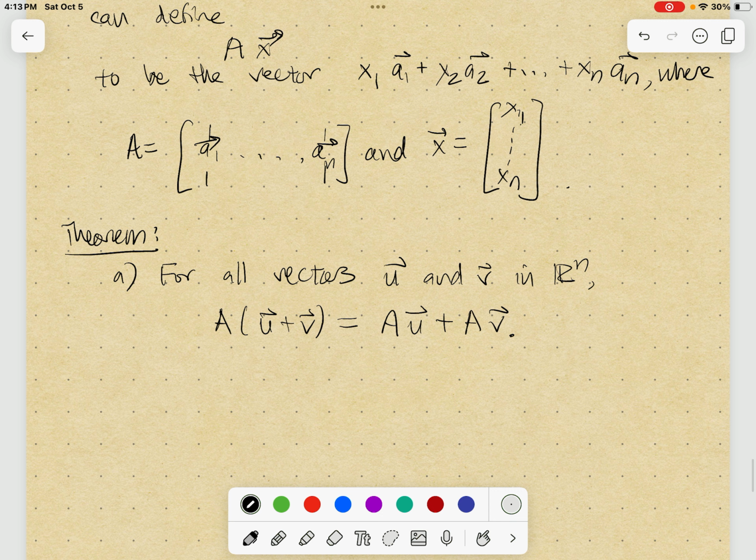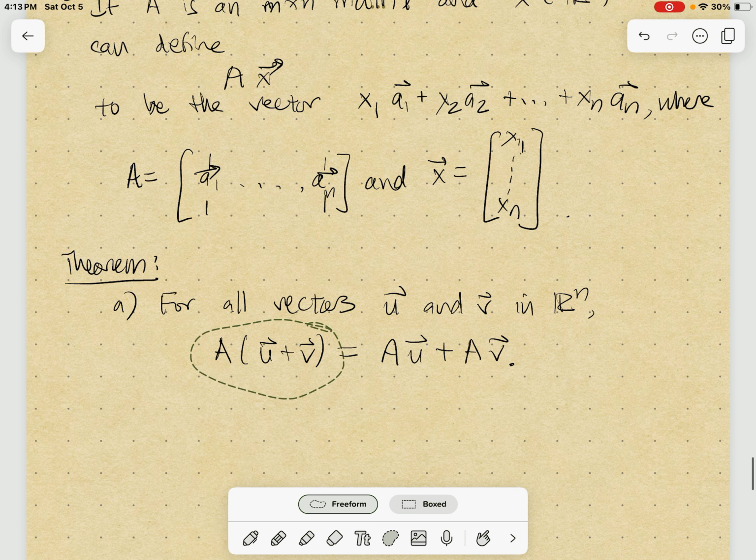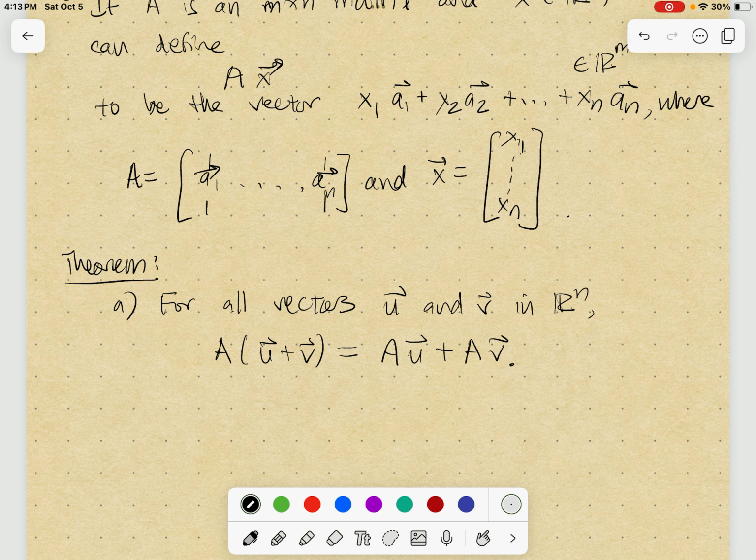In other words, if you take two vectors u and v, and they can be the same, they're just in the same Rn, and you add them, that'll give you some vector in Rn. So since u plus v is a vector in Rn, you can do A times it and get a vector in Rm. By the way, this result is in Rm, right? This vector.